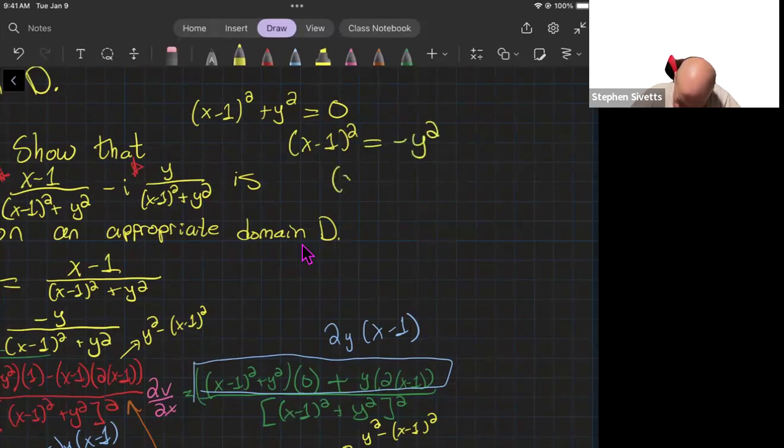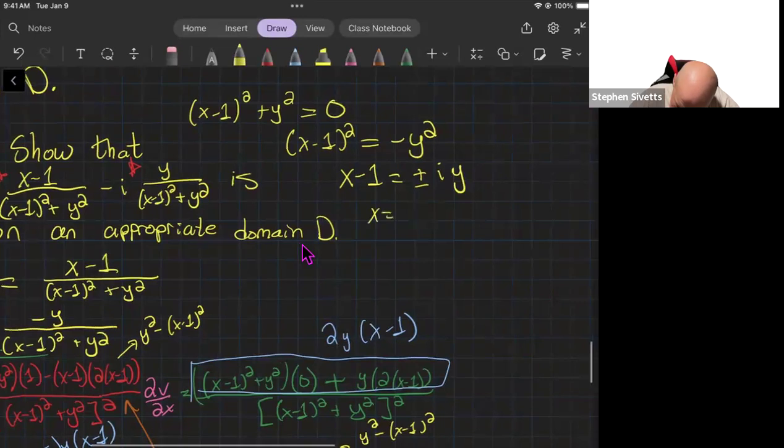If I square root both sides, I'll have x minus 1 equals plus or minus the square root of minus y squared, so in this case it will be plus or minus i times y. So x is equal to 1 plus iy, or x is equal to 1 minus iy.